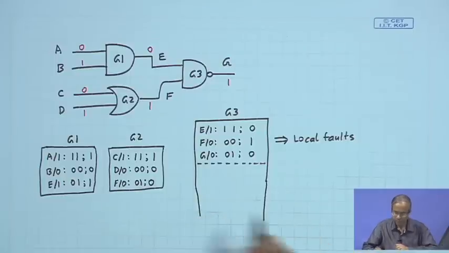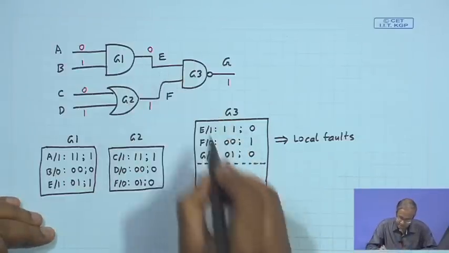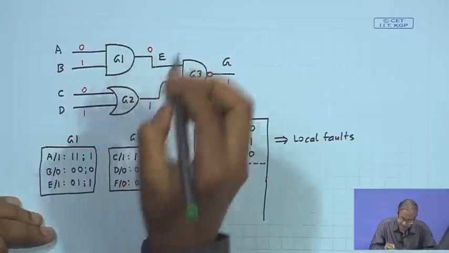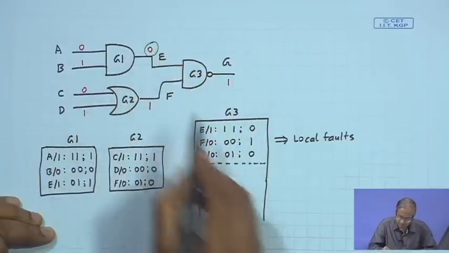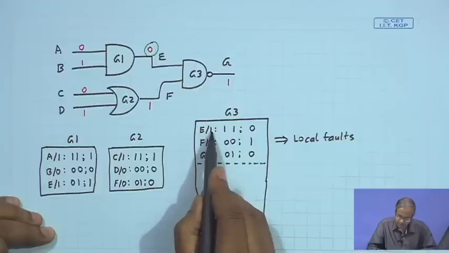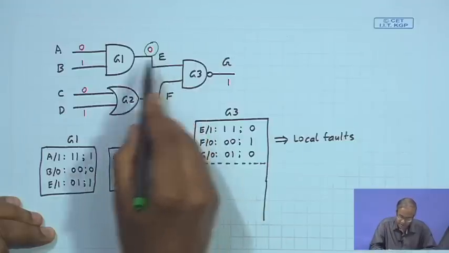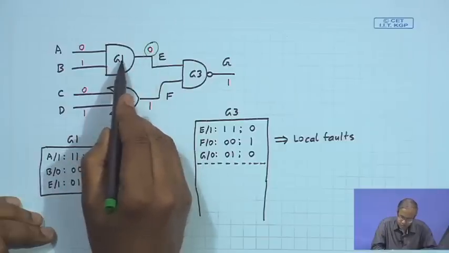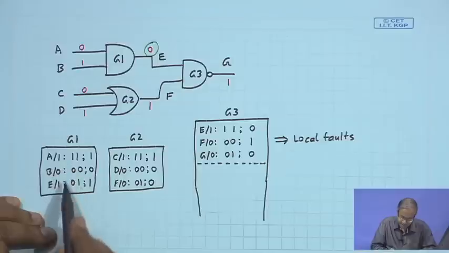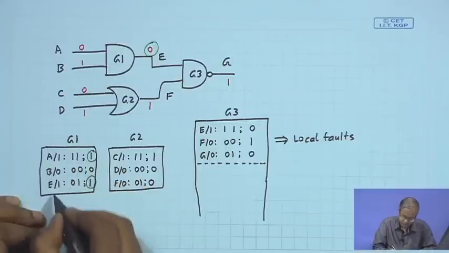Now, we come to the propagated faults. You see propagated faults I am showing by a different color. You see here there is an event on line E if this 0 changes to 1, right. So, I have considered the local fault here, but this E might be changing to 1 because of some fault in G1 also, which changes the output to 1. So, look at G1, see wherever it changes to 1, it is here and here, right, these two faults.